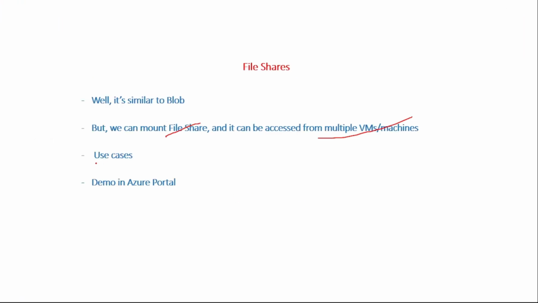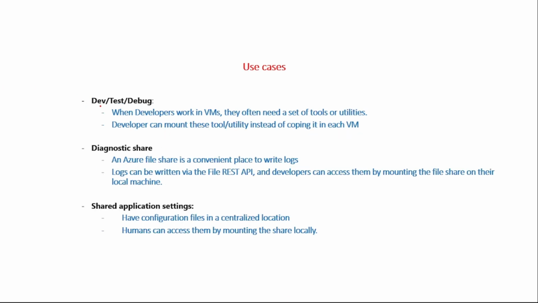And guys, before we see the demo, let's actually discuss use cases quickly. So first we can use this file share for our dev or test debugging. So let's say guys, there are developers who are working in multiple VMs, and on each of those VMs they may need some tools or utilities.